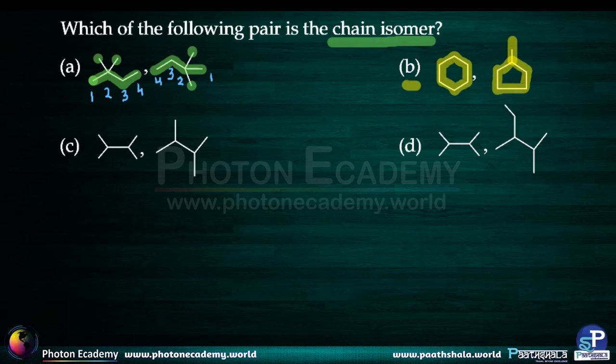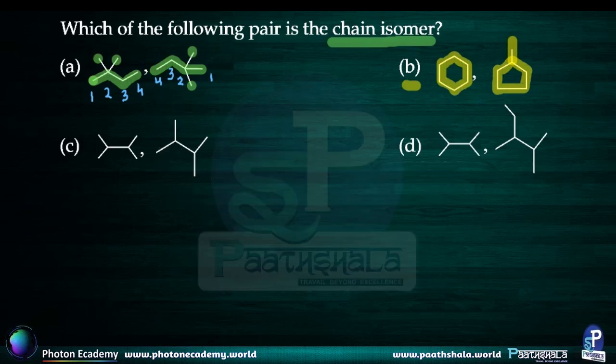So the formula of the molecule stays the same, but the arrangement of the carbon atoms changes, and thus we can say that this pair of organic compounds is a chain isomer.